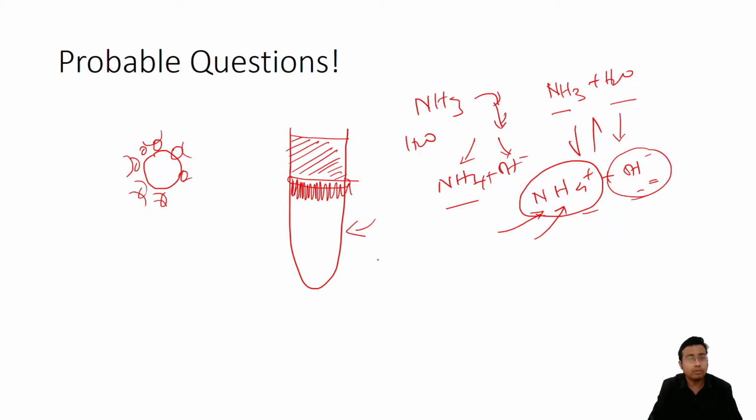Basically it changes the dielectric constant of the fluid. We know the formula: the attraction between two charges is equal to Q1 Q2 by K d square. So whenever the dielectric constant is decreasing, the attraction between two substances will increase. Increased attraction means two proteins will now clump together and precipitate.